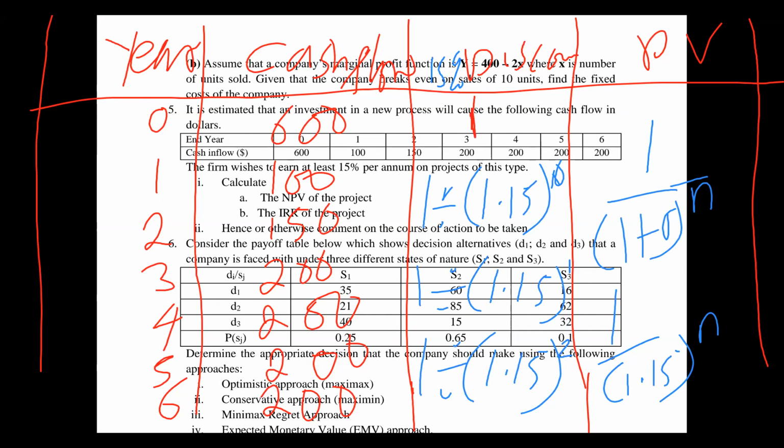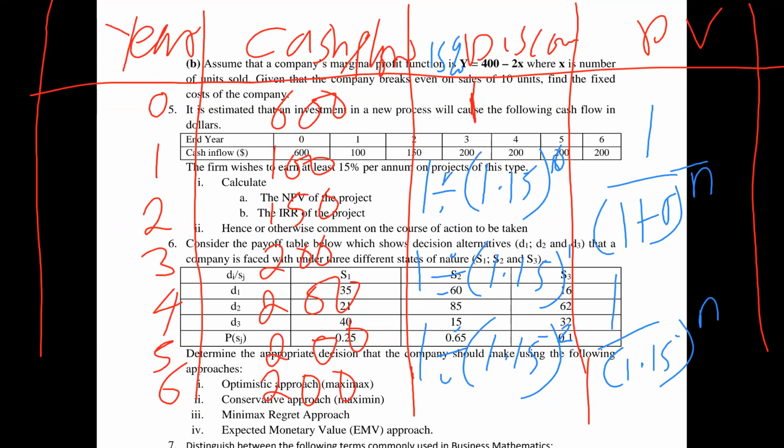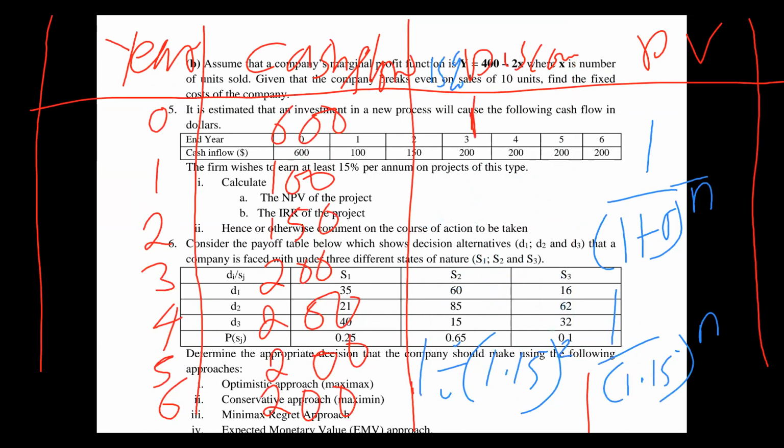What about the subsequent years? For year 1, we are hoping you give us the answer to 4 decimal places: 0.8696.